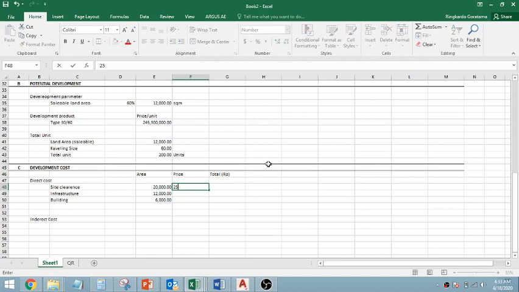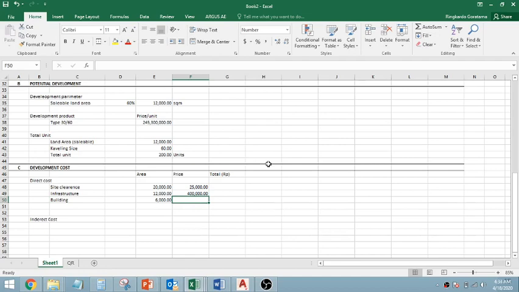So let's say 25,000 rupiah only for site clearance. For infrastructure, let's say around 400,000 rupiah. So in my experience, for affordable housing, the cost for infrastructure can be around 400,000 to 600,000.